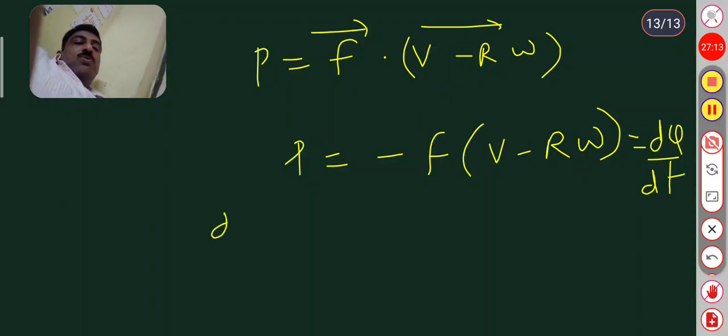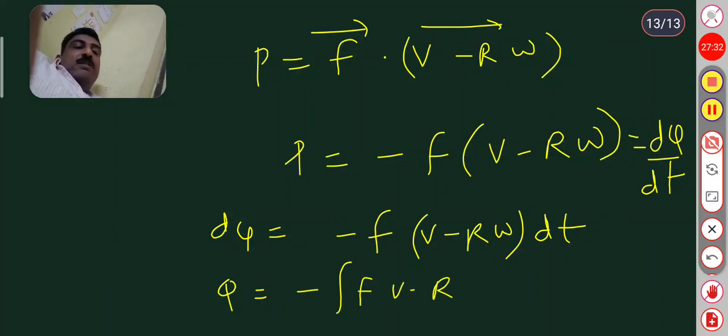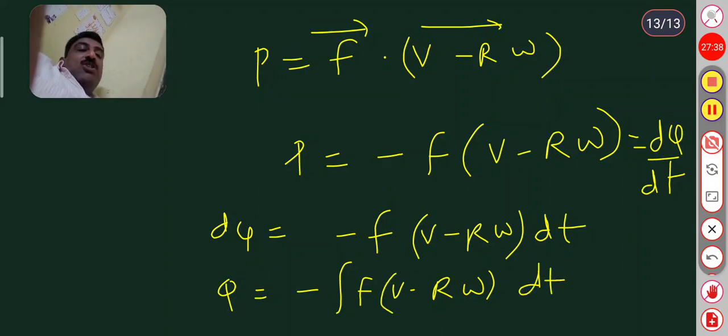So dQ can be written as minus F (V minus R omega) into dt. So the Q value will be equal to minus the integral of F into (V minus R omega) dt. This is the heat dissipated.